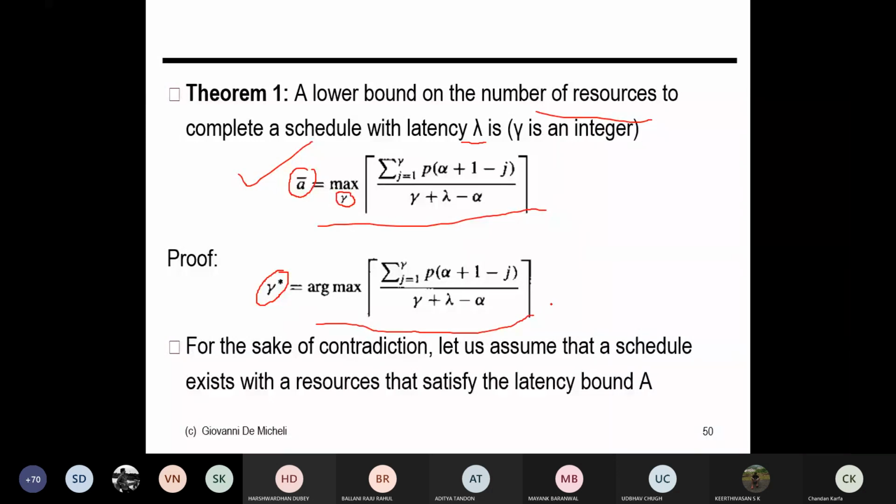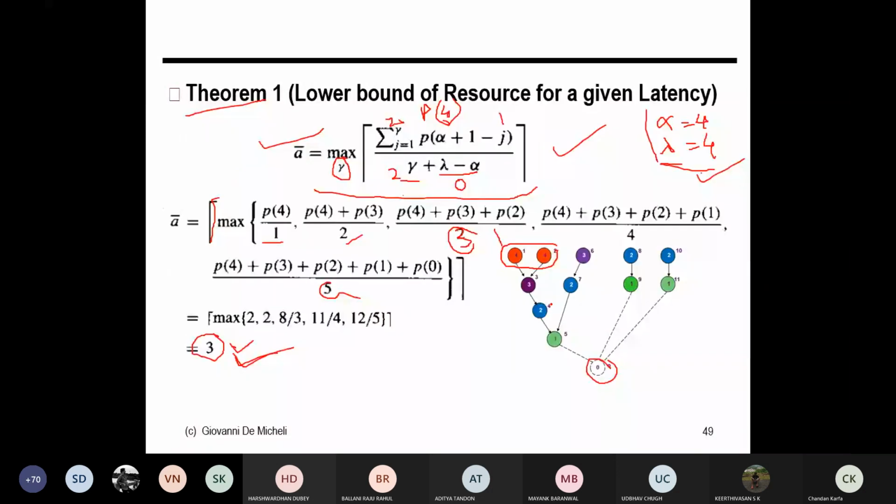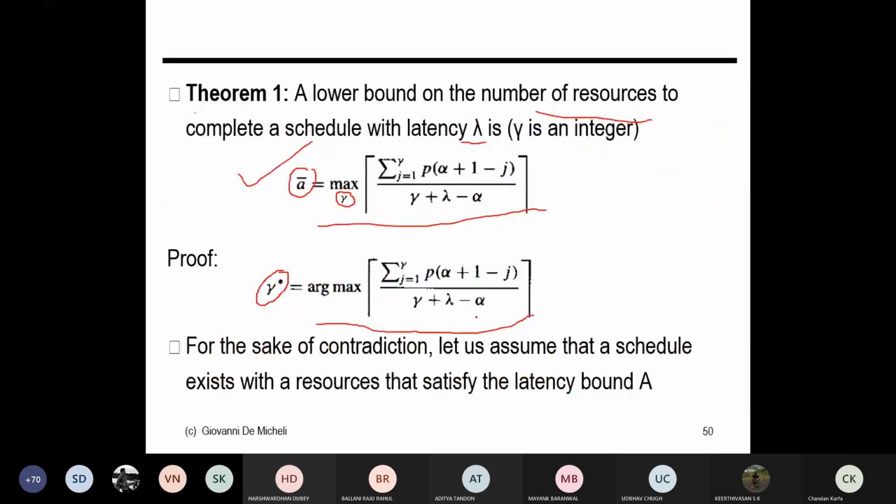In the previous example, my gamma star will be this, 2.66. This is coming for gamma equal to 3, so for this particular example, gamma is 3.